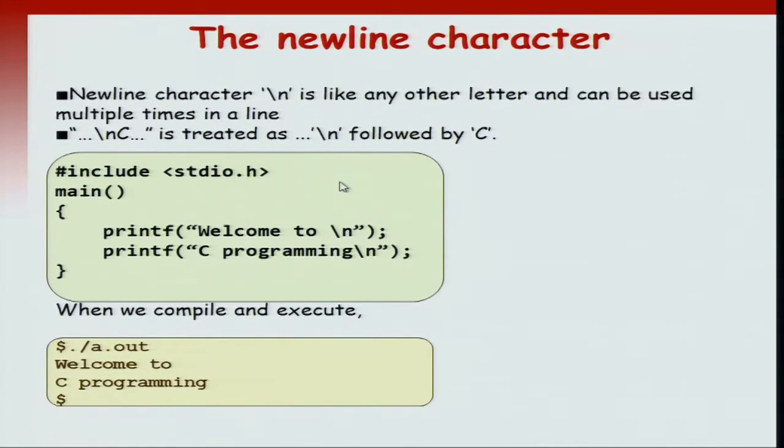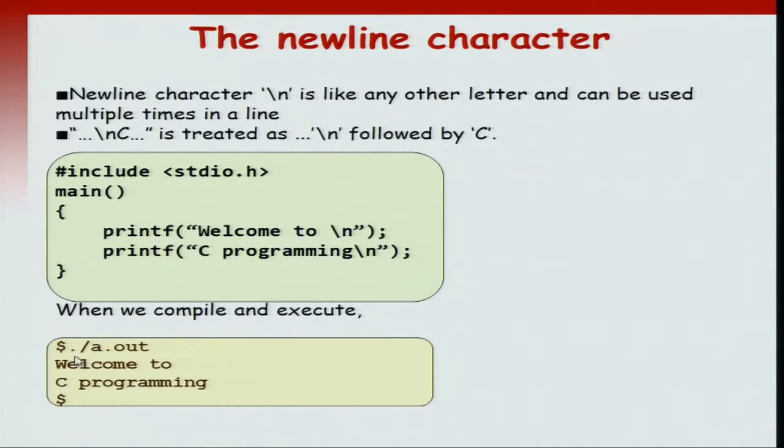So, let us see a particular example. If you have the old program that we just wrote, but we end each message with a \n. Okay. So, we have printf welcome to \n, printf C programming \n. Okay. When we compile and execute, we will see something new.